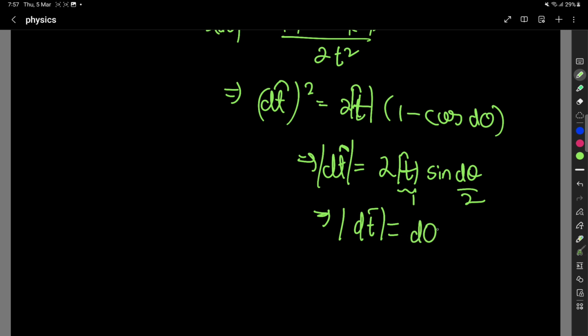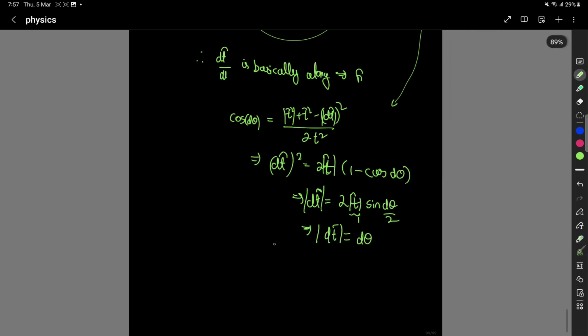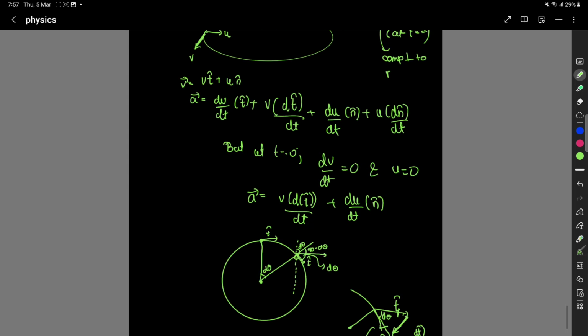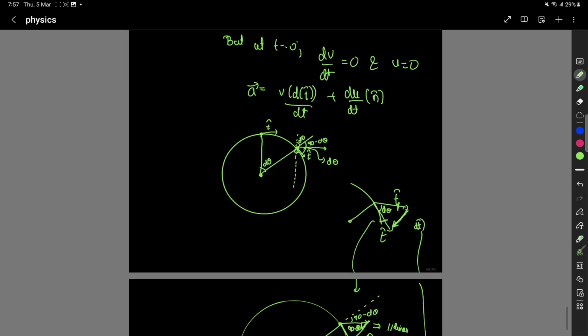This is one d theta. Therefore dt cap by dt is d theta by dt. So this term is basically v into omega, and omega is equal to v by r. So this term is v square by r.